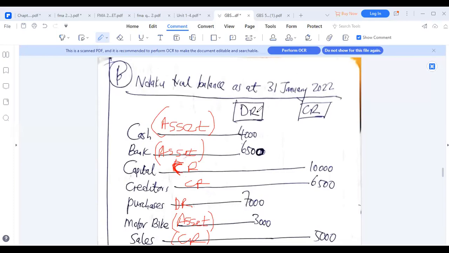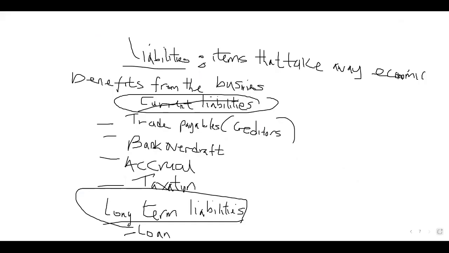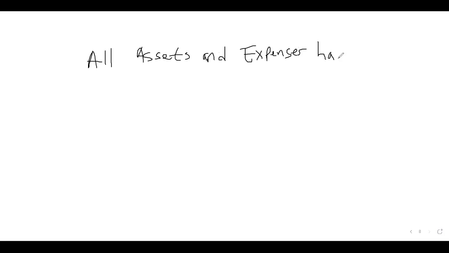This is about our assets and liabilities, because I mentioned here that all assets and expenses are a debit balance.